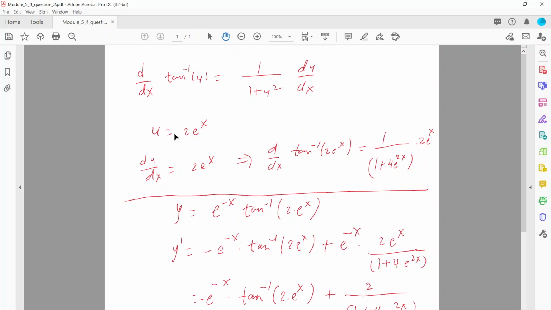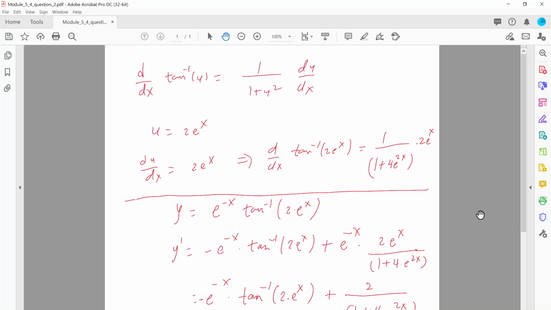So the derivative of this function with respect to x is 2 times e to the power x. So the derivative of tan inverse of 2 times e to the power x is 1 over 1 plus u square. If u is 2 times e to the power x, then u square means 4 times e to the power 2x, times du over dx, which is 2 times e to the power x.